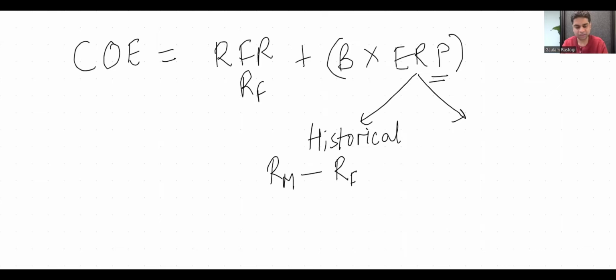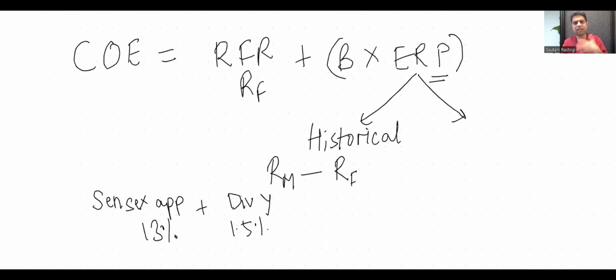There are three things. One is the Sensex appreciation. Let's say the appreciation over the last 10 years is 13% CAGR. Then you have dividend yield. Let's say the dividend yield is 1.5%. Dividend yield, because some companies give dividends.